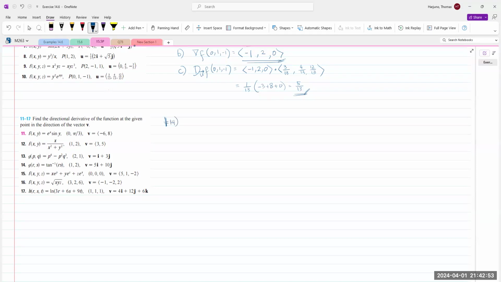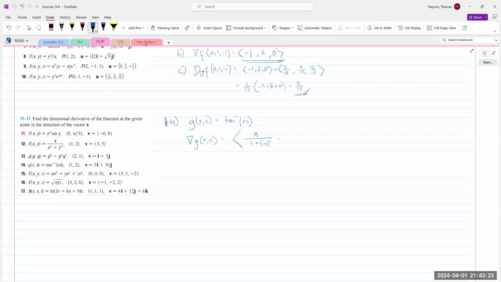Number 14, we have g as a function of r, s equals tangent inverse of rs. The gradient of g(r,s): the derivative of tangent inverse is 1 over 1 plus (rs) squared times the derivative with respect to r, that's s.